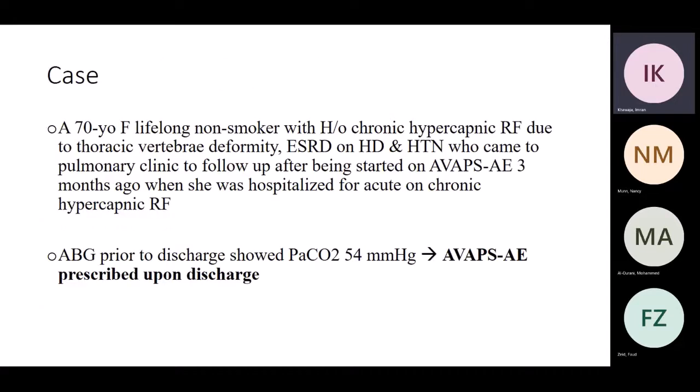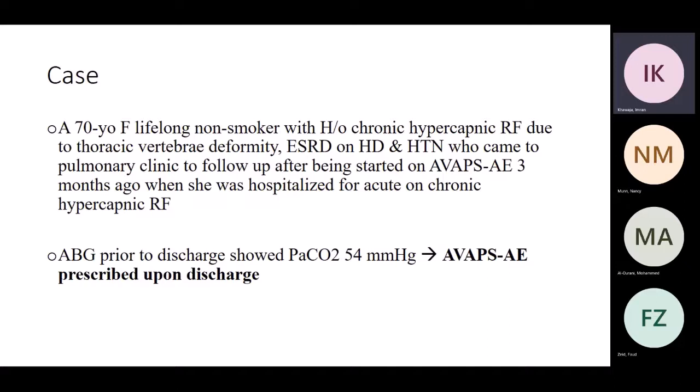And I'll conclude with this case. I saw this patient, I think, a couple of weeks ago: a 70-year-old female, lifelong non-smoker, with a history of chronic hypercapnic respiratory failure due to thoracic vertebral deformity, ESRD on dialysis, and hypertension. She came to see me in the clinic 3 months after being started on AVAPS.